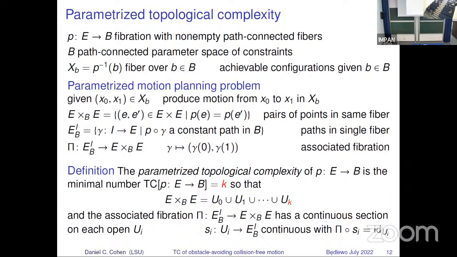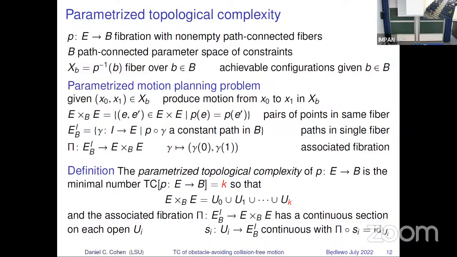We still have an associated endpoint map, which is a fibration. So if you give me a path that is in a single fiber, and I project the path, well, I just get a single point.